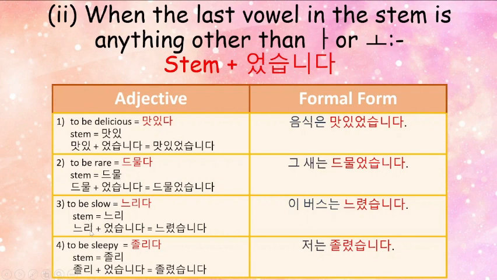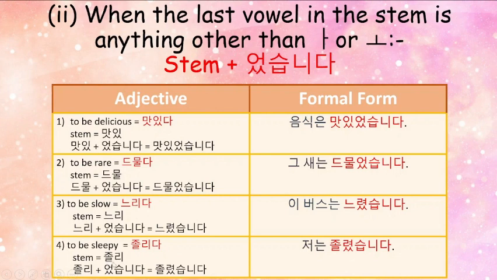Now here the vowel is i, which means that the upcoming vowel that will be attached will be eo. So i and eo, they will get merged and it will become yeo. 느렸습니다. Okay? Suppose I have to say this bus was slow. 이 버스는 느렸습니다.